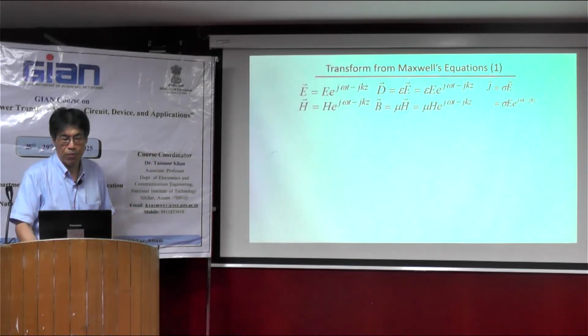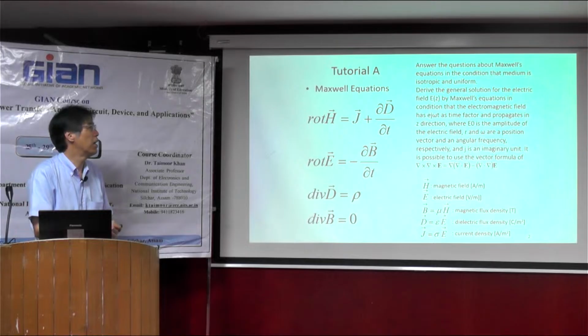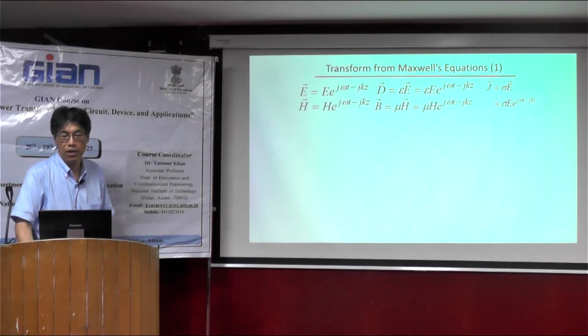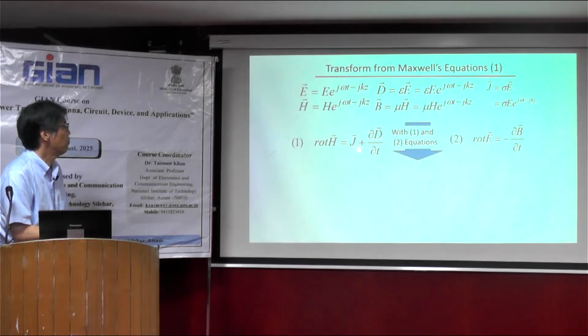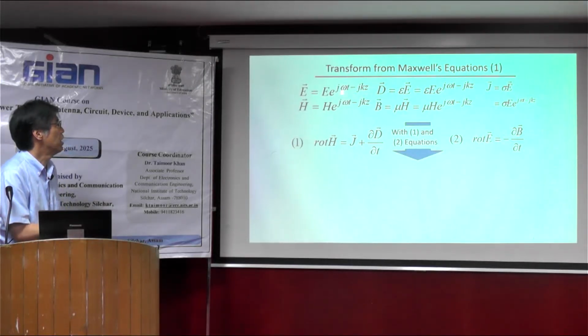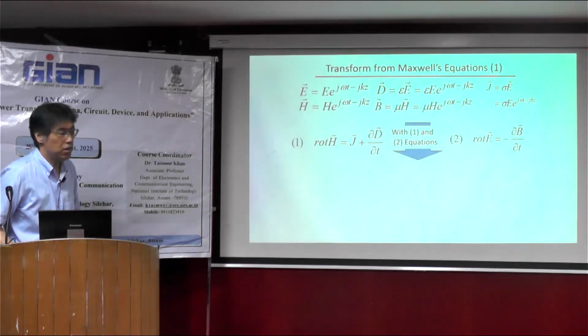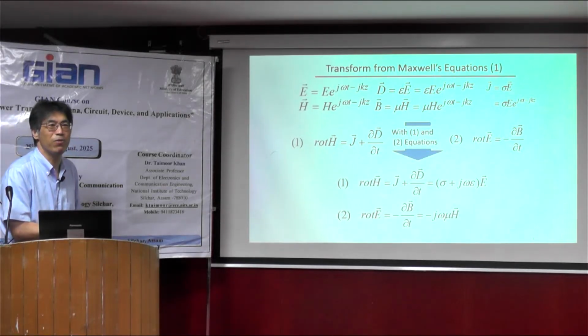And from here, we can solve this very complex formula, especially the ∂D/∂t or ∂B/∂t terms. So for Maxwell's equations number 1 and number 2, please put these parameters in here. As a result, rot H is still rot H, for example, in this case.